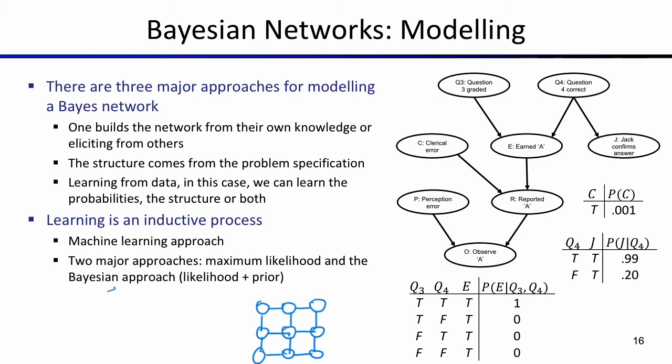In this specific context, you are talking about an approach that uses a likelihood and a prior. So it will impose a prior over the networks. It is a slightly different approach, more towards what we call Bayesian statistics. So during the course, most of the time we're going to use this maximum likelihood. That is the most common one, but we will have a dedicated lecture to talk about the Bayesian approach for learning Bayesian networks.